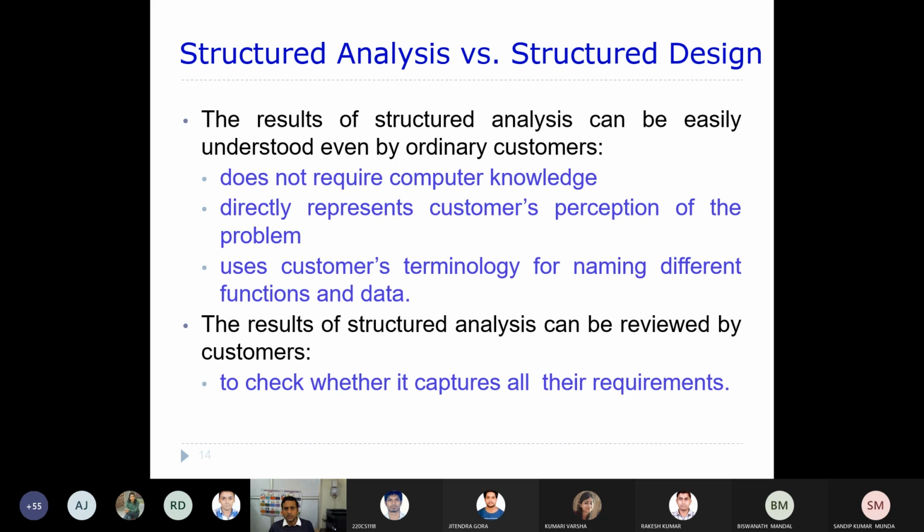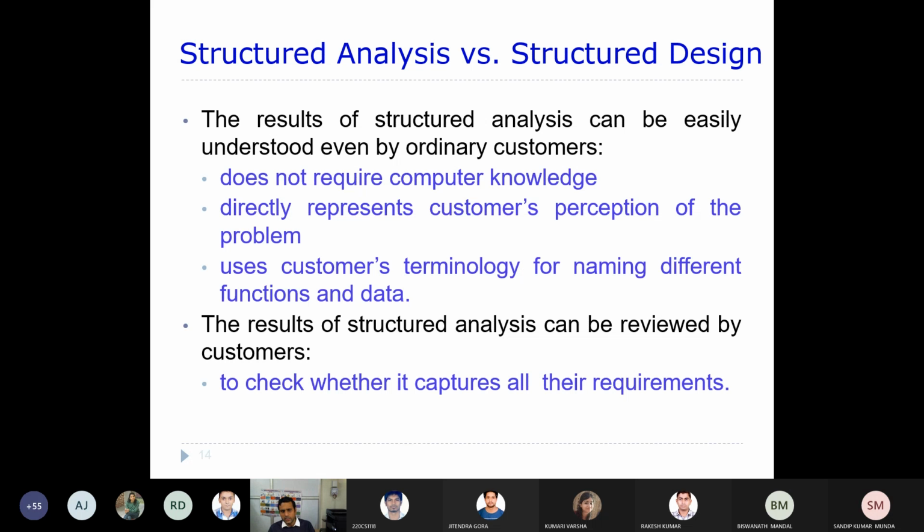Thereby it only targets the customer, because the customer needs to understand at this point of time. The results of structured analysis can be viewed by customers to check whether it captures all their requirements. Whether those requirements are addressed or not, they can check through this structured analysis only.